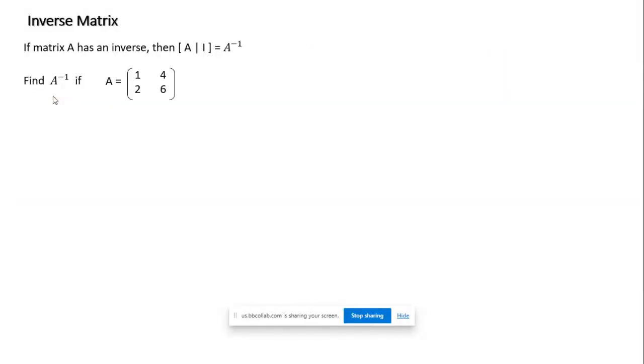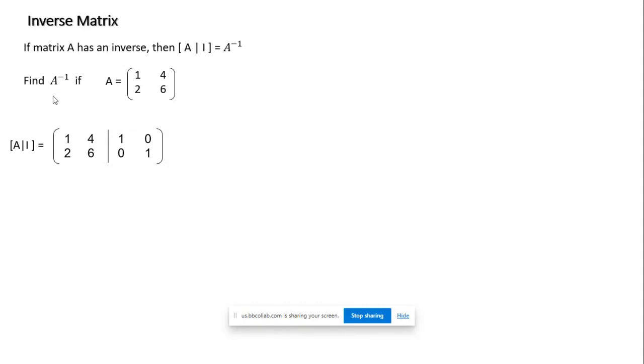Okay, so let's practice finding the inverse. To find the inverse, you're going to first write the matrix. When we write a line inside the matrix, this is like the equal symbol for matrices. That means equal.